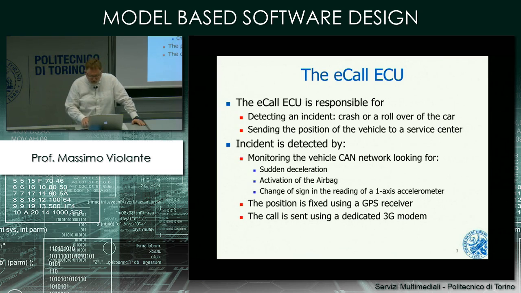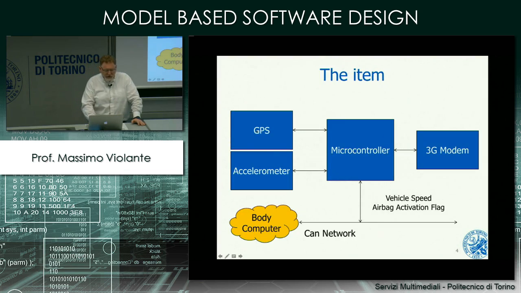If you look into the architecture of this system, we can recognize these elements. For sure, we will have a microcontroller that is running software, the routine intended for interfacing with the different sensors, recognizing the crash and issuing the call.